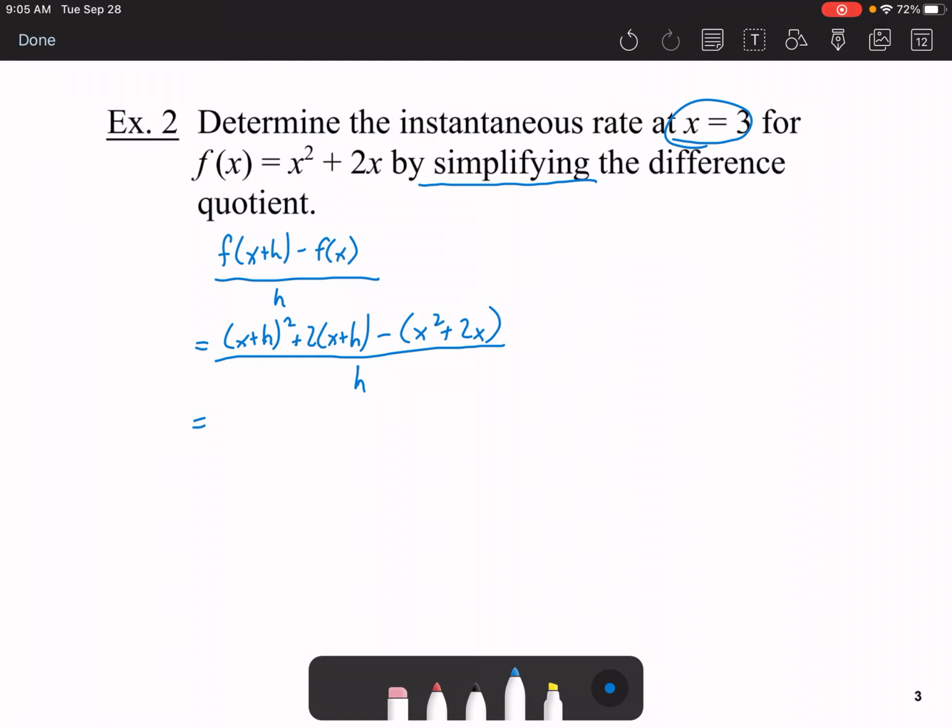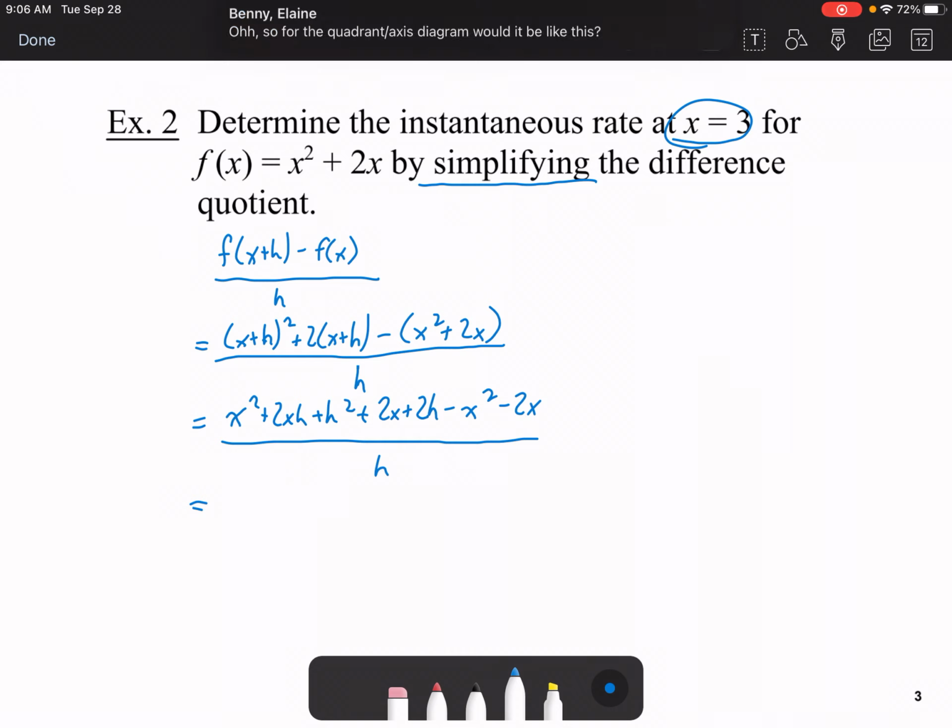Now, what you do is you expand and simplify, and then reduce as much as you can. So x plus h squared turns out to be x squared plus 2xh plus h squared. This becomes 2x plus 2h minus x squared minus 2x, all over h. Again, you could have substituted the value of x equal to 3 at any point in time, even at the beginning. You don't have to, but that's an option.